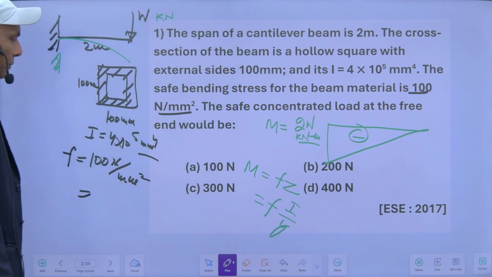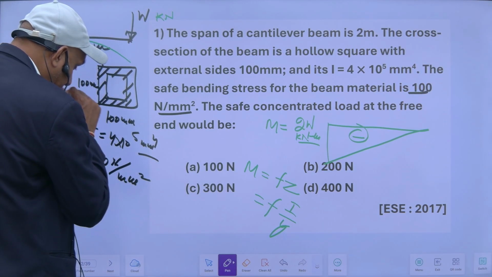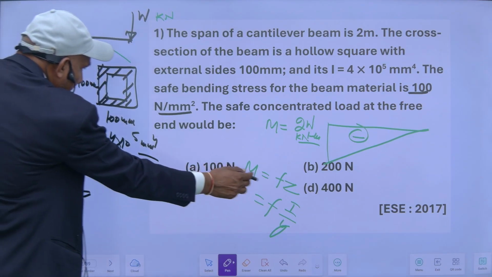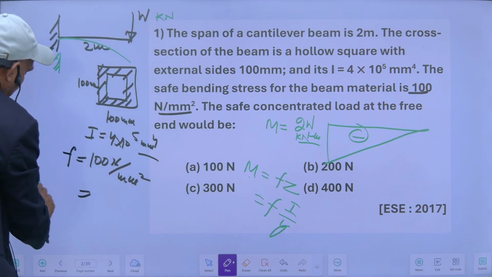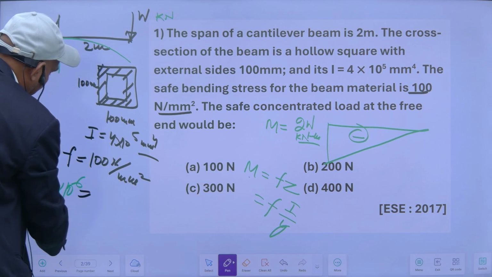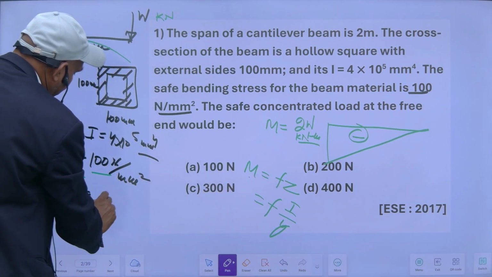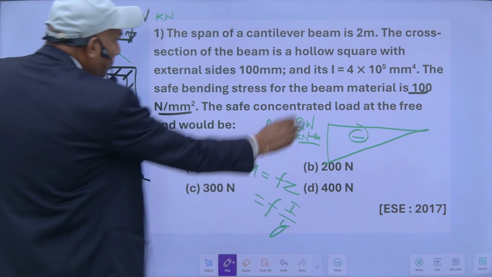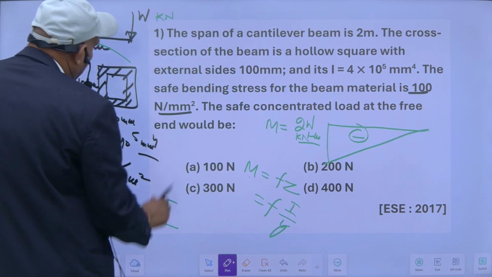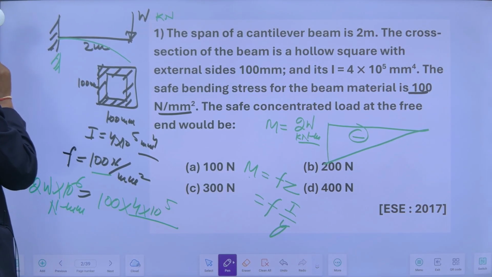So now if I put the values in these equations, M is equal to FZ and M is equal to 2W. It is in kilonewton meter. If I multiply it by 10 raised to the power 6, it will be in Newton mm. This M is equal to F, and F is 100 into moment of inertia, 4 into 10 raised to the power 5, upon Y. Y is where the stress will be maximum.